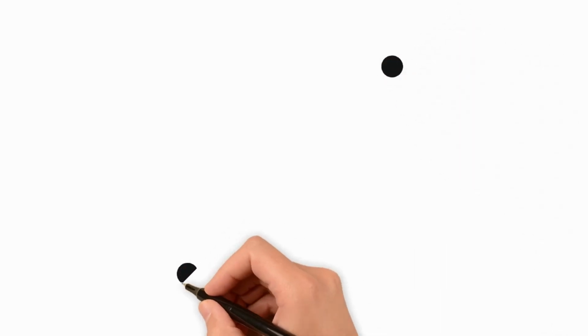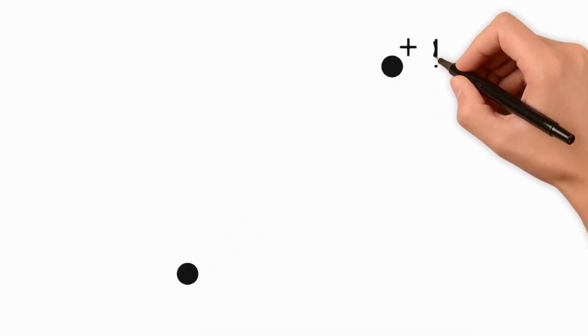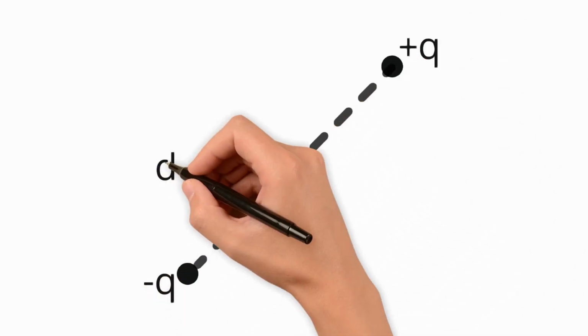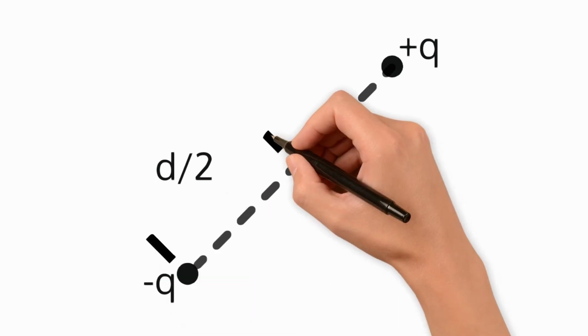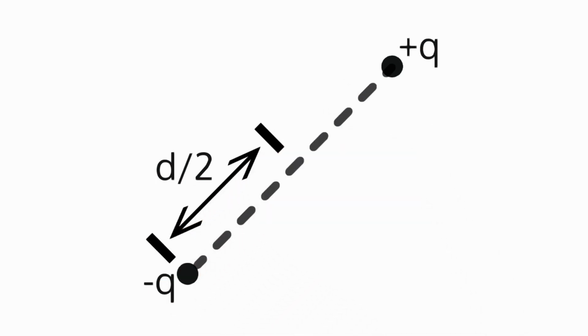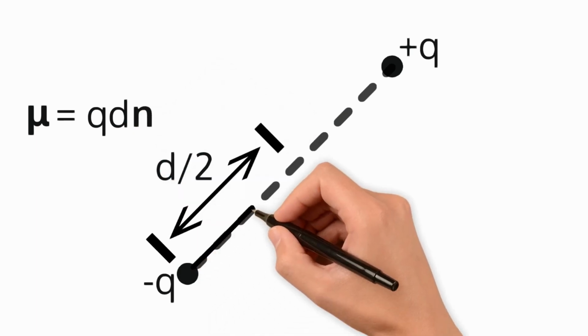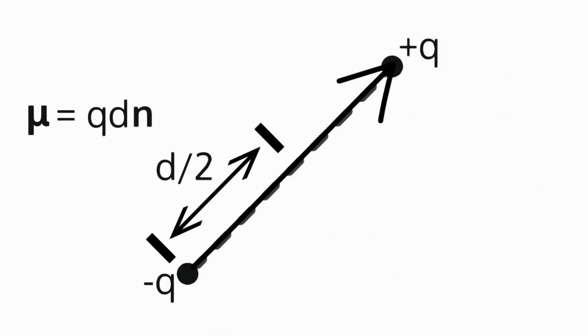Let's now represent the magnetic dipole moment as two magnetic monopoles of equal strength but opposite polarity, plus or minus q respectively, constrained to be separated at a distance d from each other. Now mu in this model is equal to qdn, where n is the unit vector pointing from the south pole to the north pole.